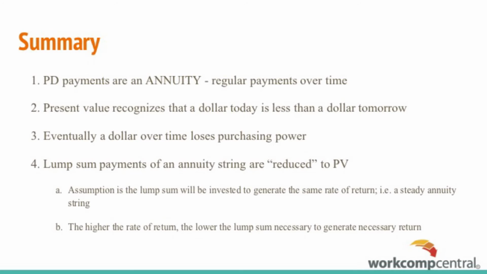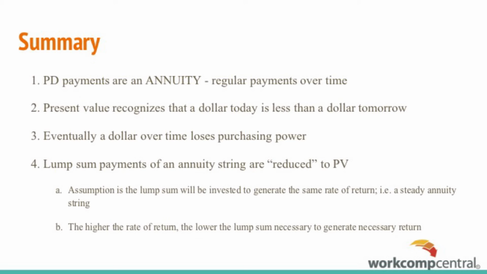Okay, good. So in summary, permanent disability payments are an annuity because they're a set dollar amount over a period of time. It doesn't change. When you have a permanent disability or life pension award, that number doesn't change except as adjusted by the state average weekly wage, and we accommodate that in our present value or our commutation calculation.